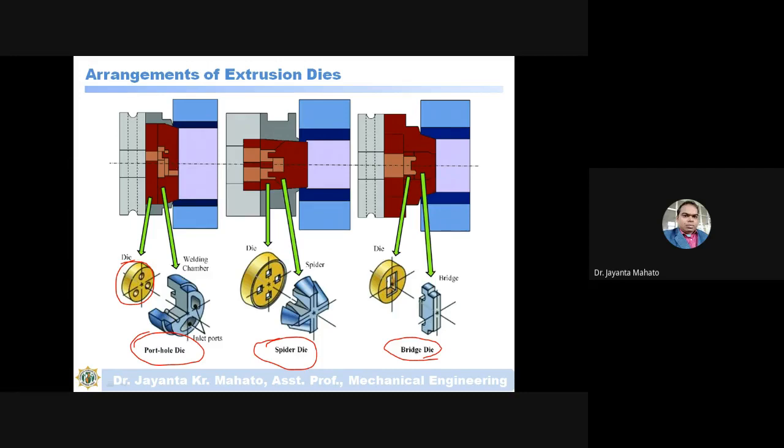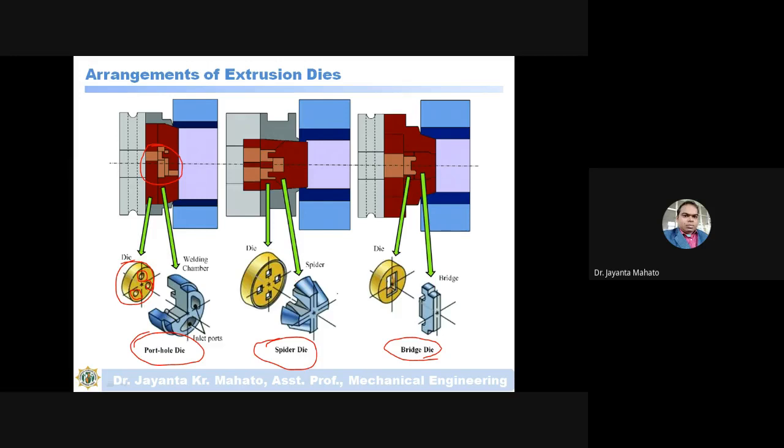Okay, and this is the arrangement of these dies and the chamber. This means the holding device of the die. Okay, and according to the shape of this hole, the extruded part will come out.